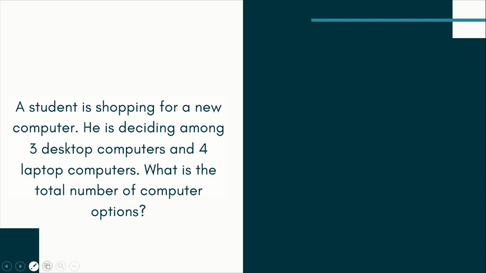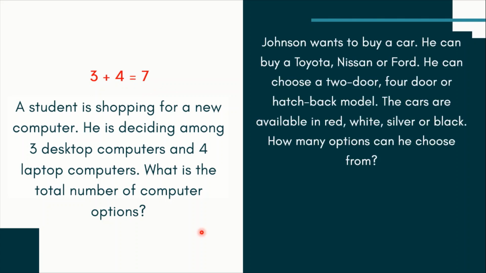Kasi given ang 2 activities, pagpili ng desktop or pagpili ng laptop, isang task lang ang gagawin pagpili ng student. So, we simply add the number of ways ng pagpili ng desktop. We have 3. Or, pagpili ng laptop, we have 4. So, 3 plus 4 is 7. So, we have the 7 total number of computer options.